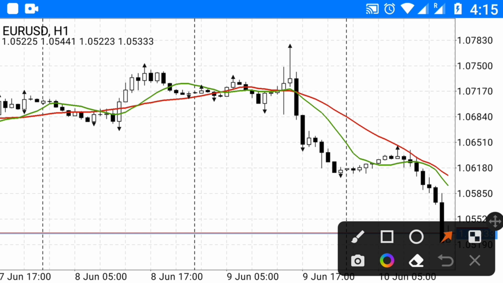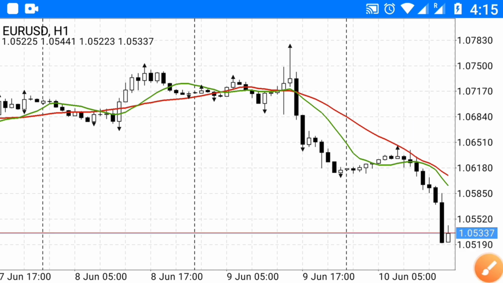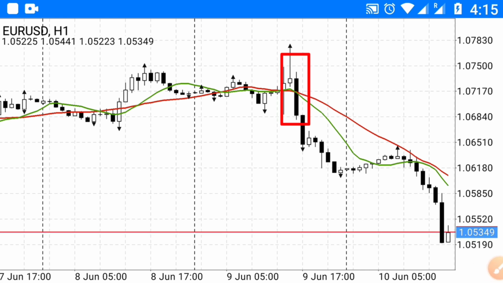Now I have seen two shooting stars here, this one and the other one is that one, and also the candlestick formation for a potential sell position is visible on this chart.